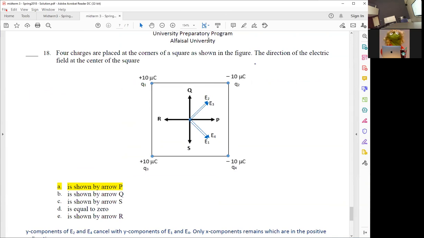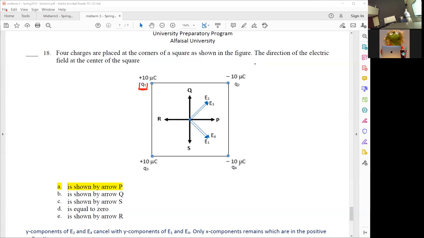I'm going to use the pen again. It's working today. So here, I'll start with charge Q1. So you see we have Q1 here, and then Q2, Q3, and Q4. Now start with Q1.